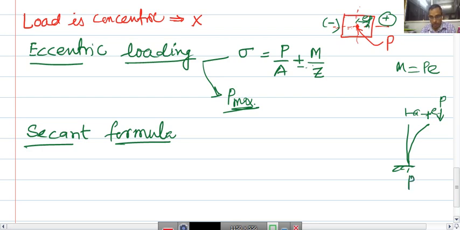P into (a plus e) is the maximum moment here. Let us say this is your y. Taking that moment equation and using boundary conditions, we derive the equation.